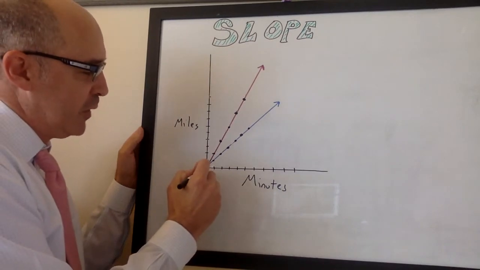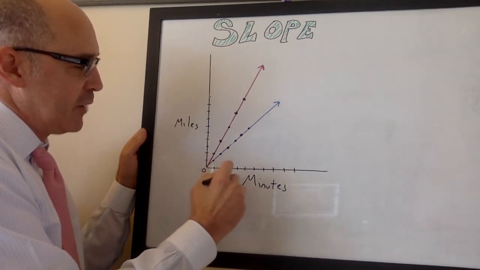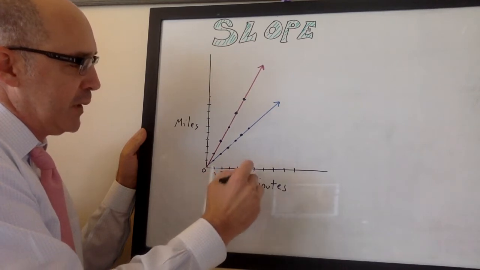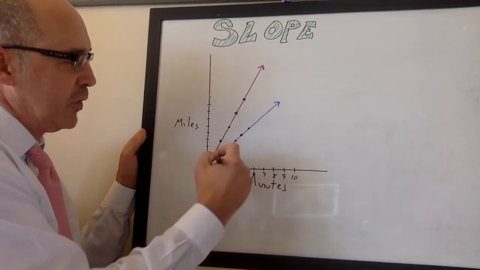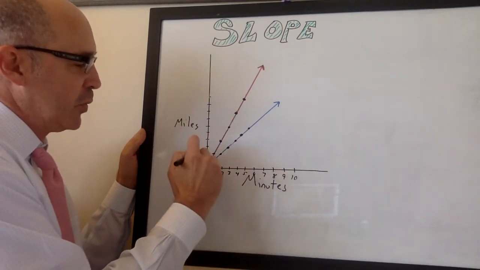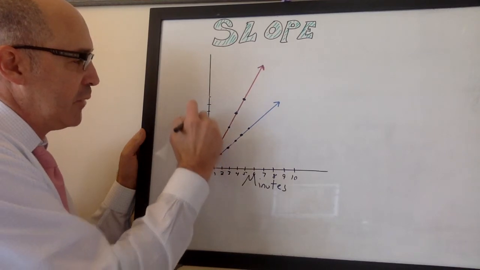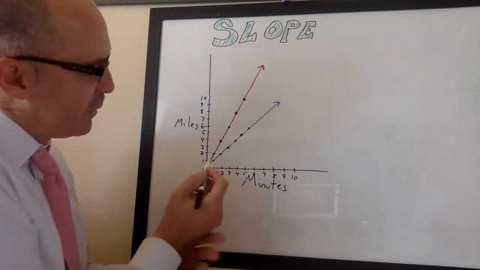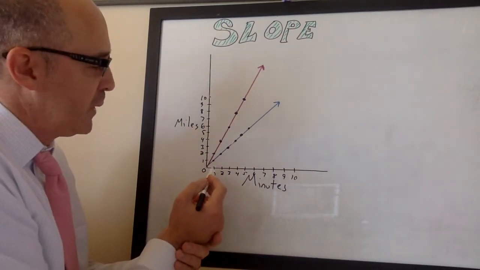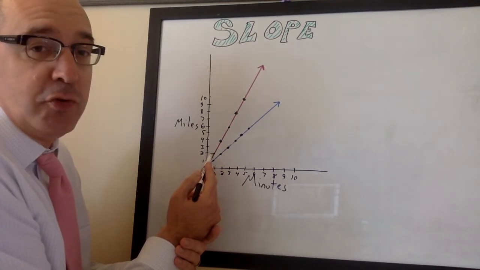With 0, 0 being our point of origin, we can see that as cars travel per minute, the blue car travels at one rate and the purple car travels at a different rate. Look at minute 1. After 1 minute, the blue car has gone 1 mile, the purple car has gone 2 miles.